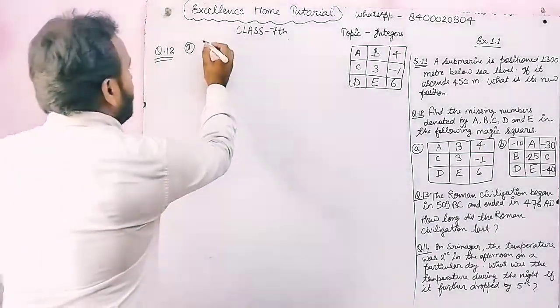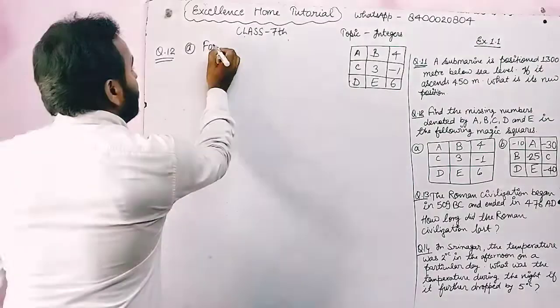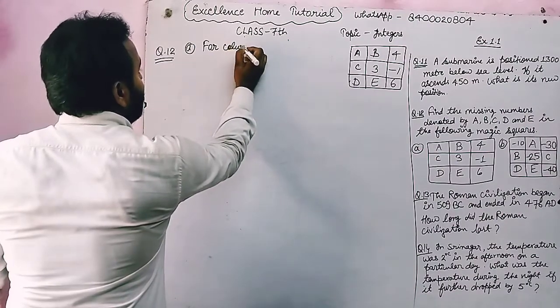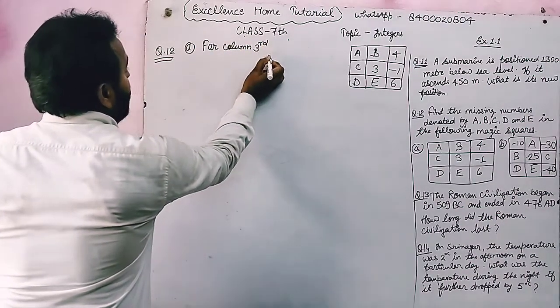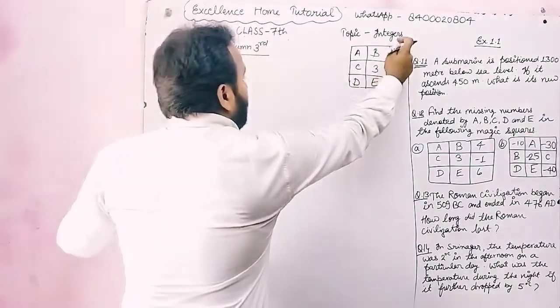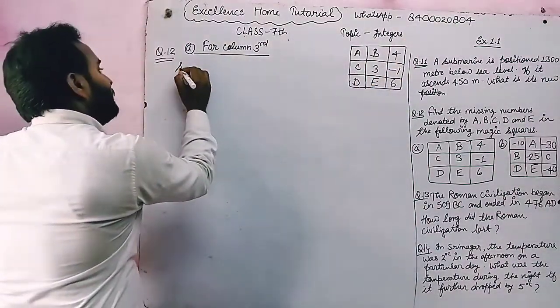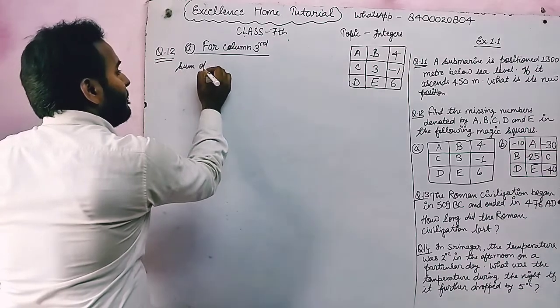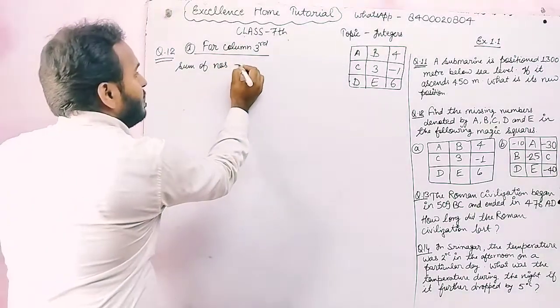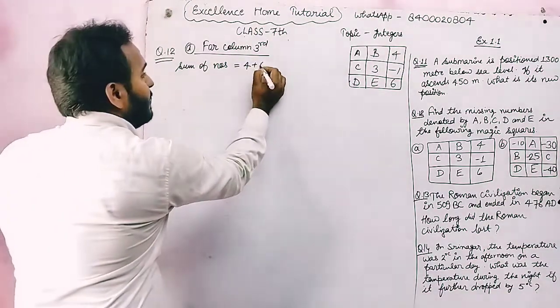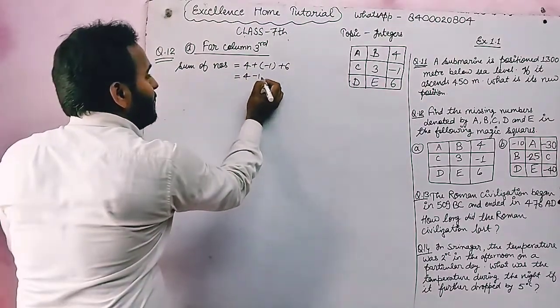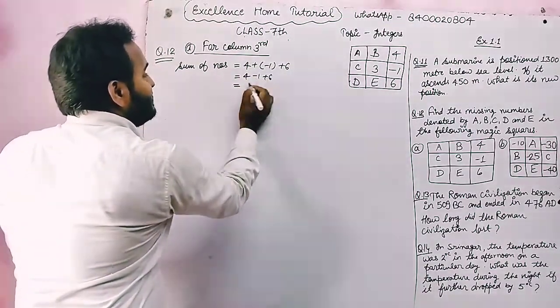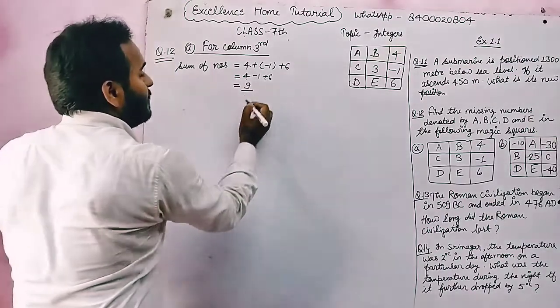So we have to write for column third, sum of numbers equal to 4 plus -1 plus 6, equal to 4 minus 1 plus 6, that is 9.